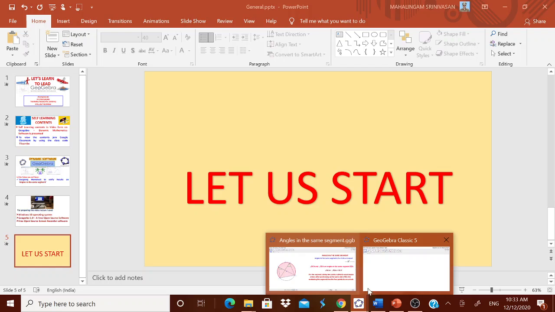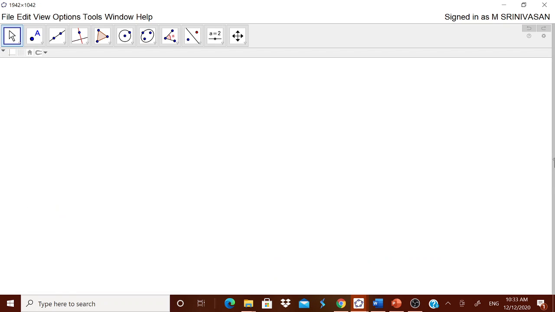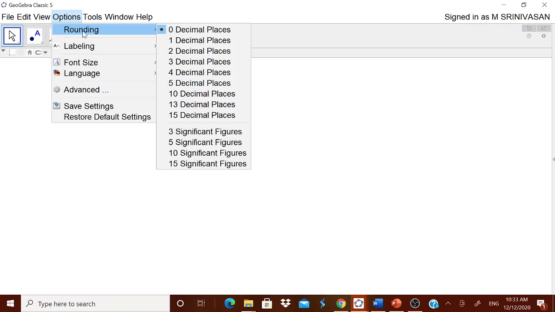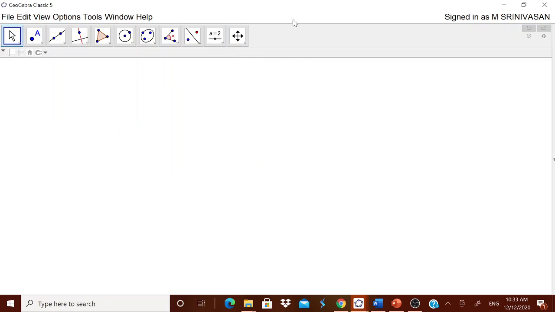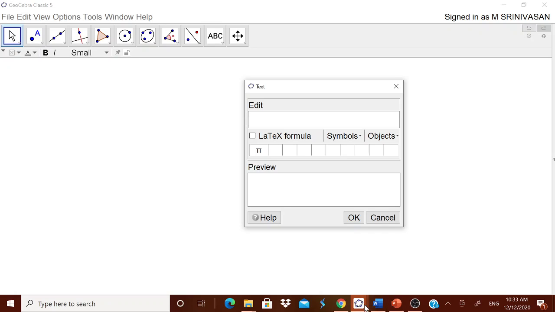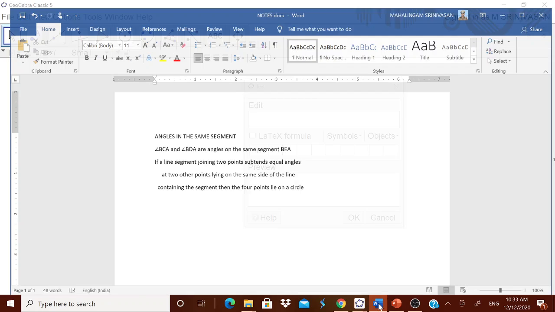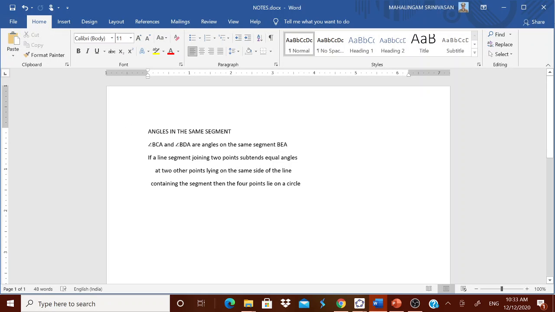For that, I have taken a GeoGebra Classic 5 worksheet, geometry view, with rounding set to 0 decimal places, and labeling of new points only. As usual, let us start with the introduction to the children, the angles in the same segment.